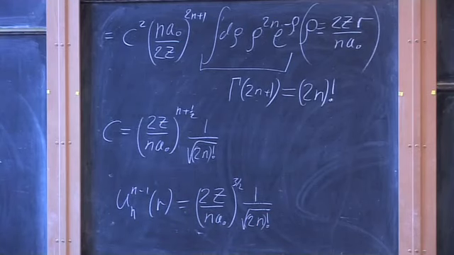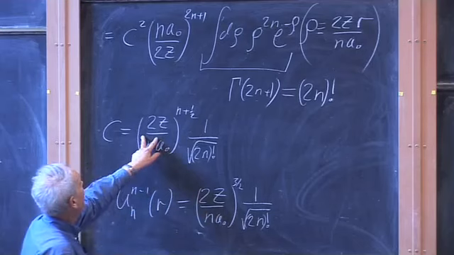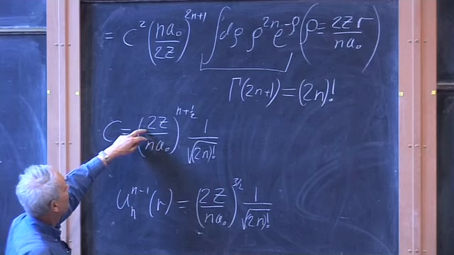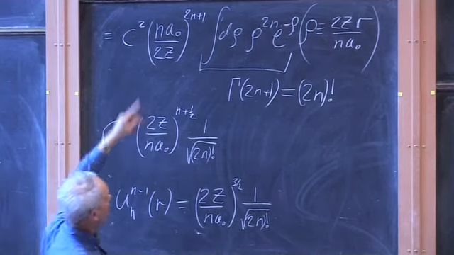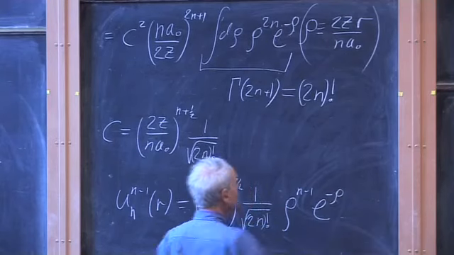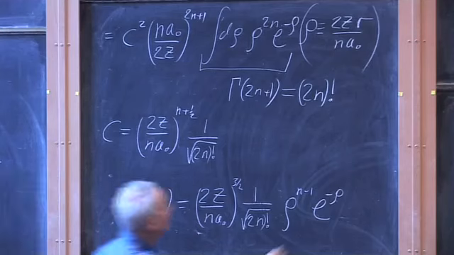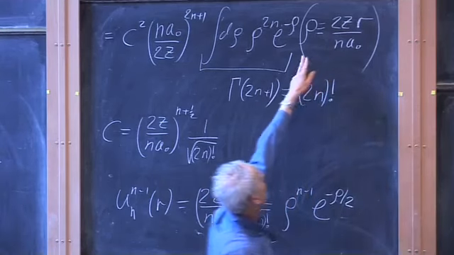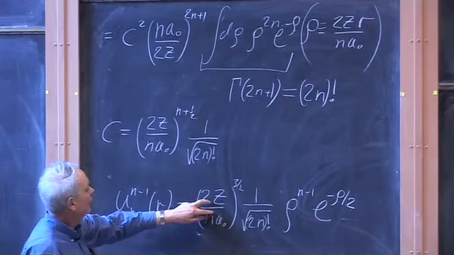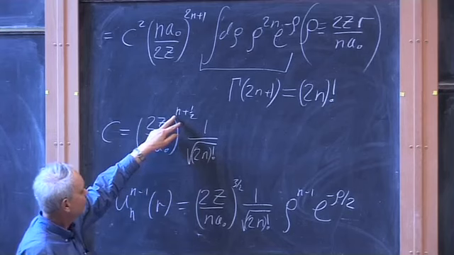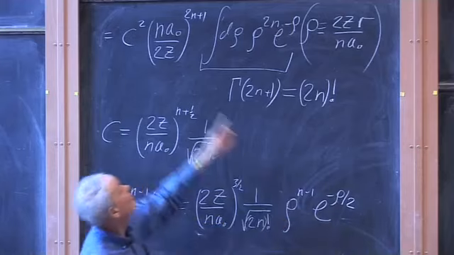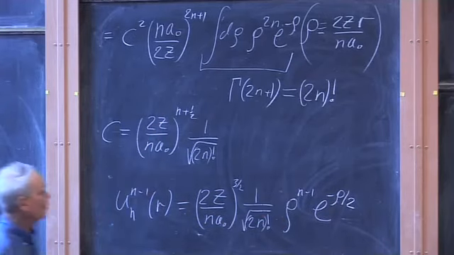And then the rest of the factors in here can be put together with those r's to make this rho to the n minus 1 e to the minus rho over 2. See, rho is defined as 2z r, etc. So the factors left over from here are just what we need to make that r to the n minus 1 into a rho to the n minus 1.